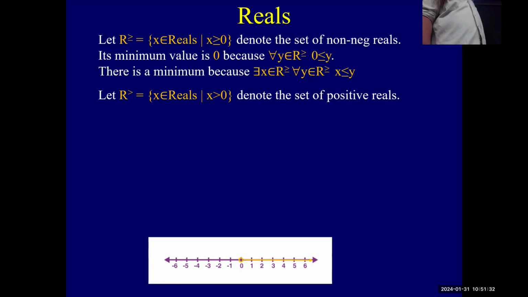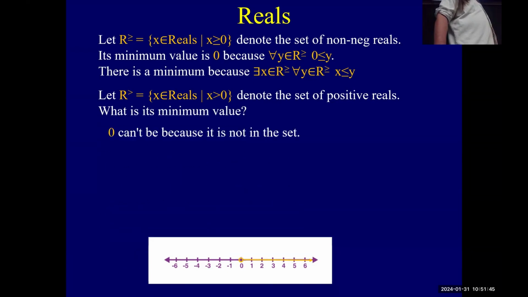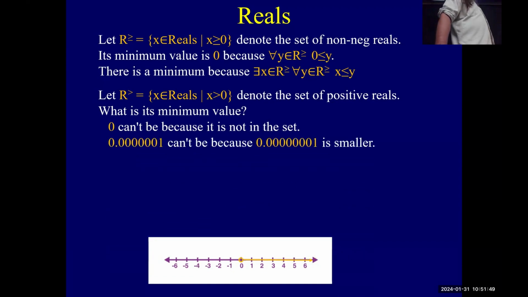1. Well, the problem is we're doing reals, so a half is a real. 1's not the minimum, but that's a good guess. 0 can't be the minimum because it's not in the set. 1 can't be the minimum because a half is in the set and is smaller. And this number here can't be the minimum because this number is smaller.